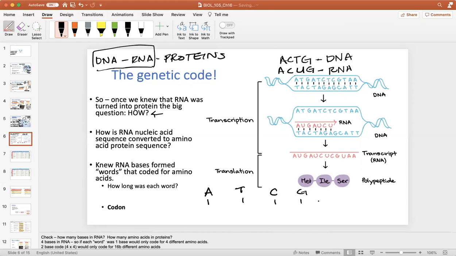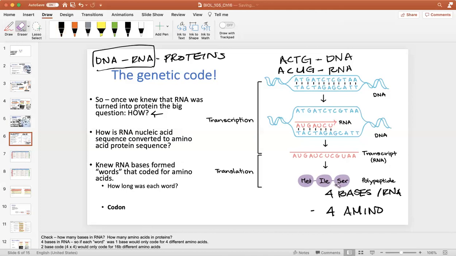Well, the problem with that hypothesis was that we only have 4 different bases available to us in our DNA genetic code or our RNA genetic code. Also, I'll put T/U. So we only have 4 bases, which means that we would only be able to get 4 amino acids out of a code where each individual base represented an amino acid. So Francis Crick knew that that couldn't be the case.